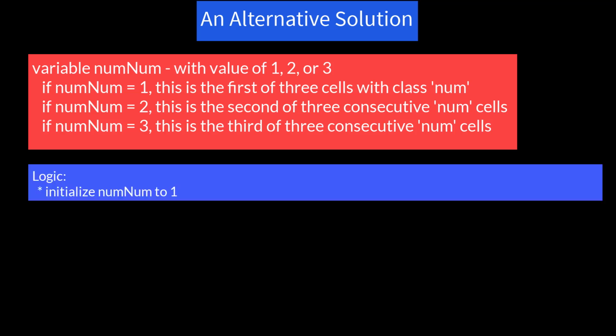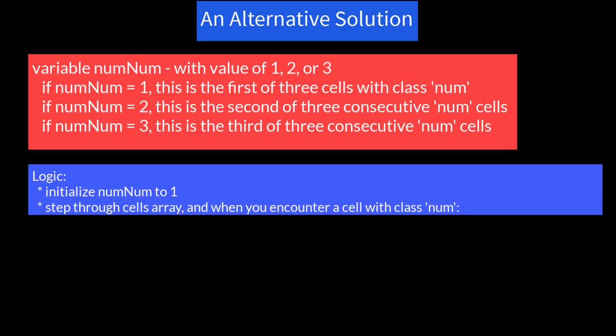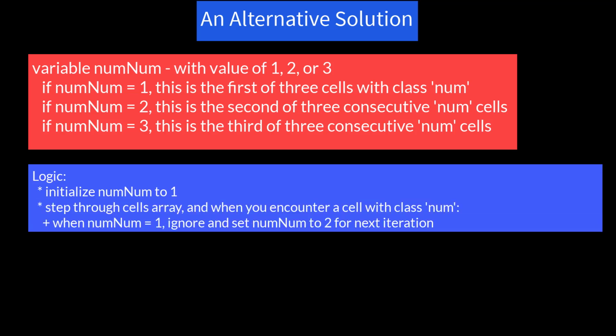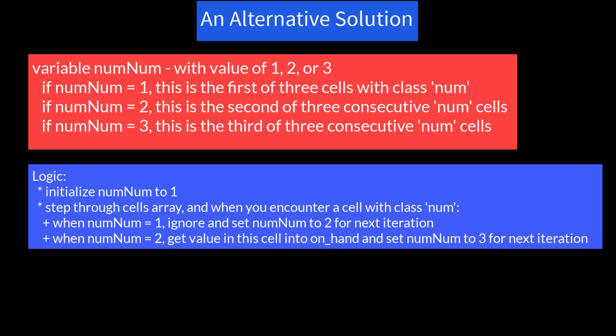Initialize num to 1. Step through the cells array, and when you encounter a cell with class num, if num equals 1, ignore this cell and set num to 2 for the next iteration. If num equals 2, get the value from this cell into onHand and set num to 3 for the next iteration.